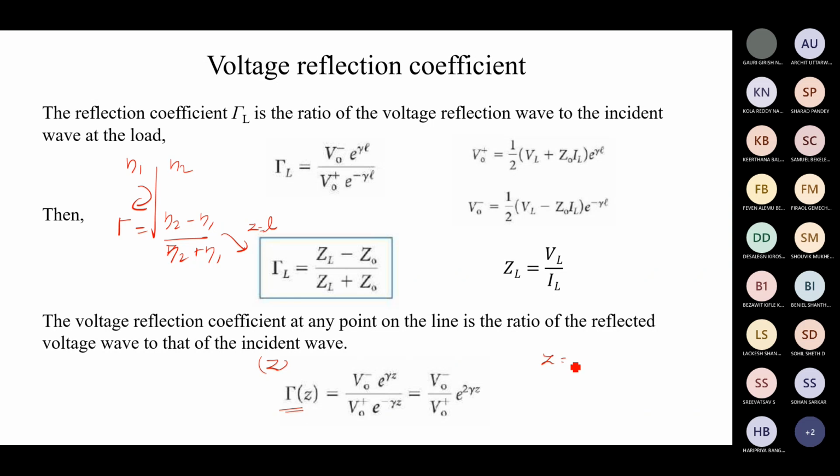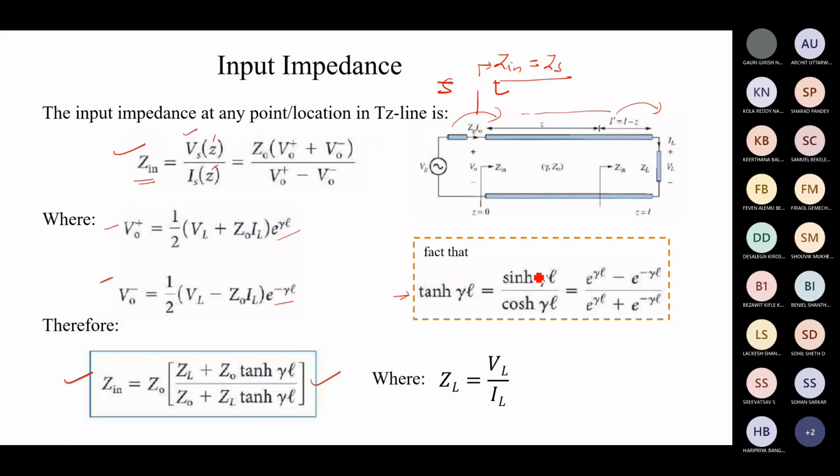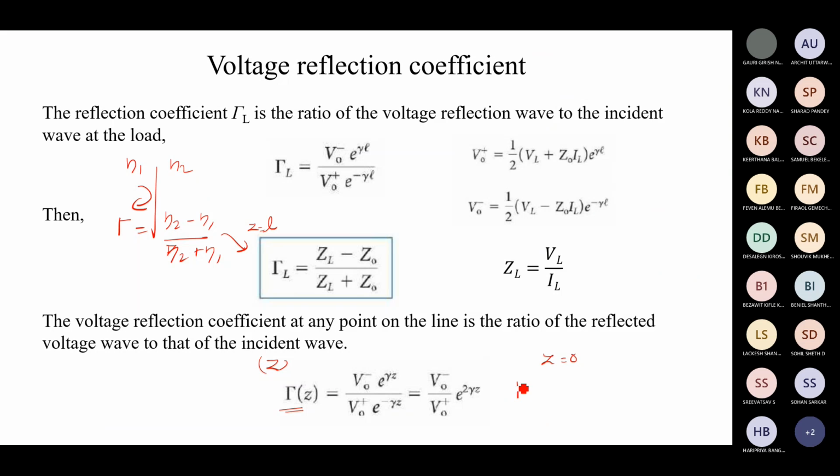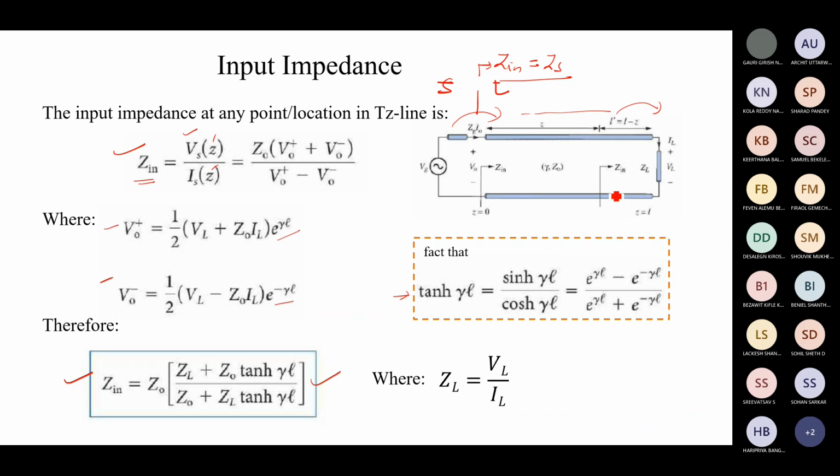When z equals 0, which is the initial point, you can easily calculate the input reflection coefficient. The input reflection coefficient is nothing but the input impedance minus Z0 divided by the input impedance plus Z0. You can easily calculate the reflection coefficient for a given transmission line which is terminated with ZL.